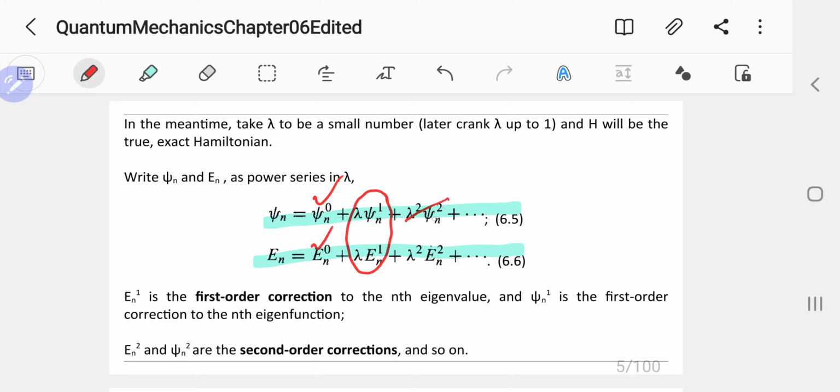This one we kind of ignore, because lambda squared is already super small, since lambda is already very small. And so again, En1 is the first order correction to the nth eigenvalue, or the energy eigenvalue, and phi n1 is the first order correction to the nth eigenfunction, or the wave function. And the second order would be this one here.